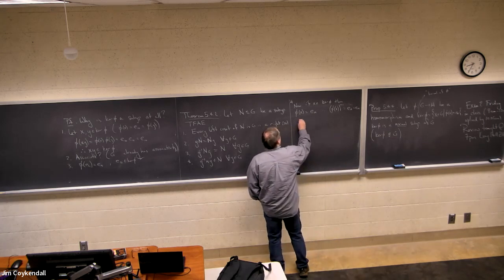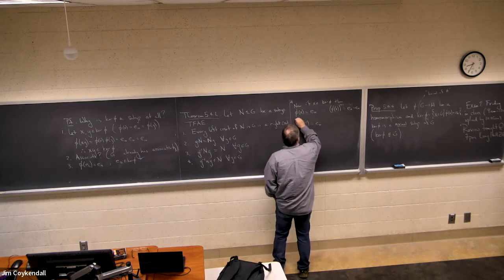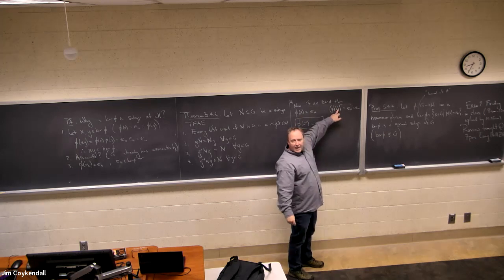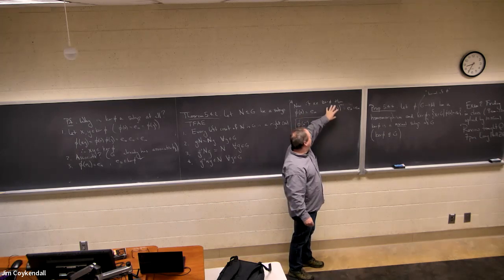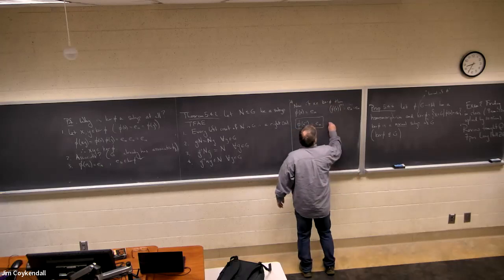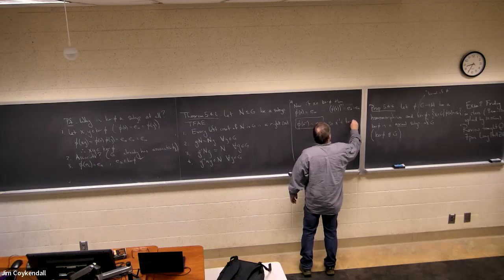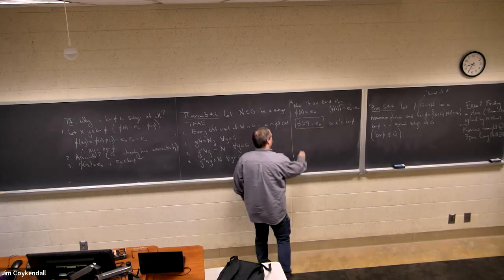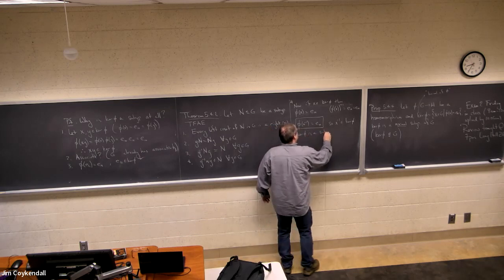And this is phi of X inverse, because I can move that -1 inside. That was one of my properties of homomorphisms that we had last time, that phi of X to the n power is phi of X to the n. So what we've shown so far is the kernel of phi is a subgroup.